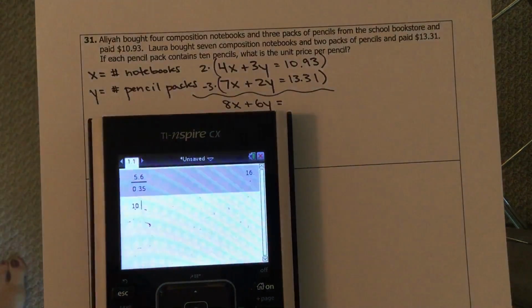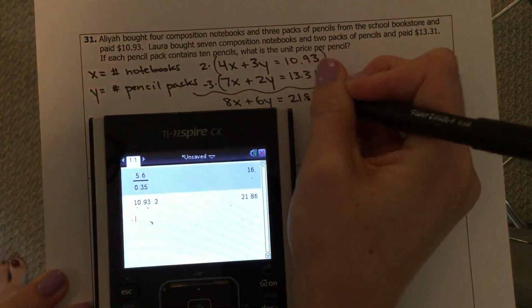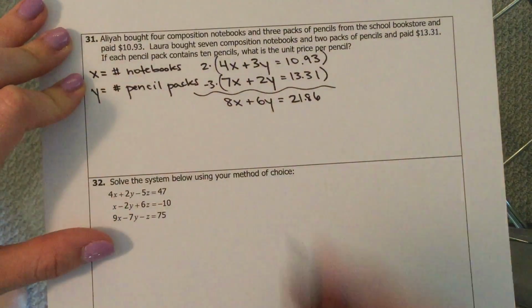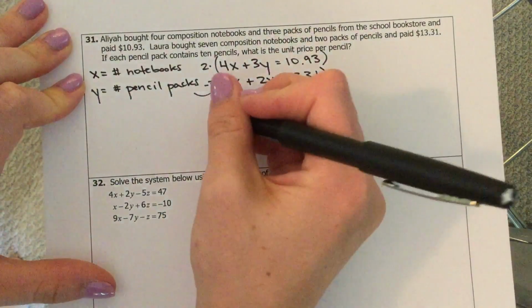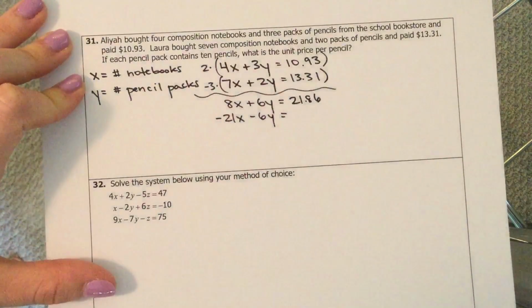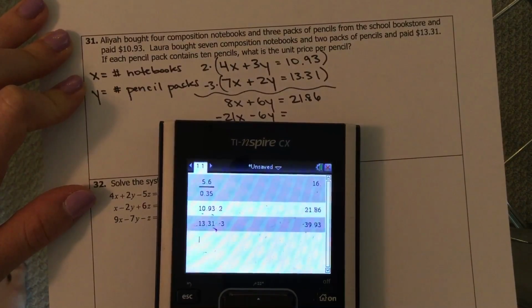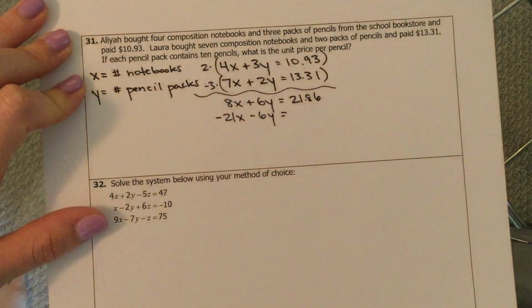So $10.93 times 2 is $21.86. Then we'll do the same thing with the bottom one, multiply everything through by a -3. Again we might want to use the calculator. So we get -39.93.